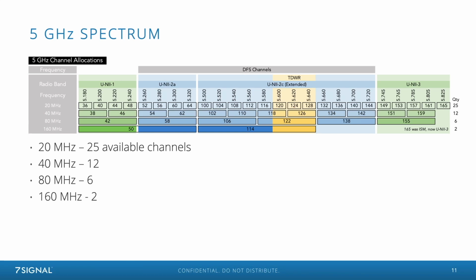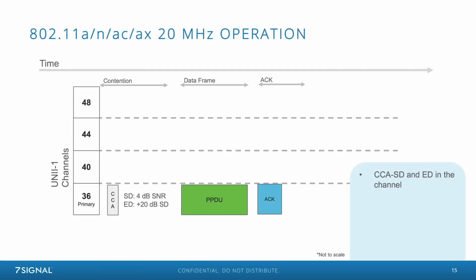Maybe in stadiums and things like that, they'll use them. But in a lot of enterprises, in 6 gigahertz, 80 megahertz is going to be very commonly used. So we need to know what we're doing in terms of the CCA and channel access with these wide channels that are becoming more and more in use.